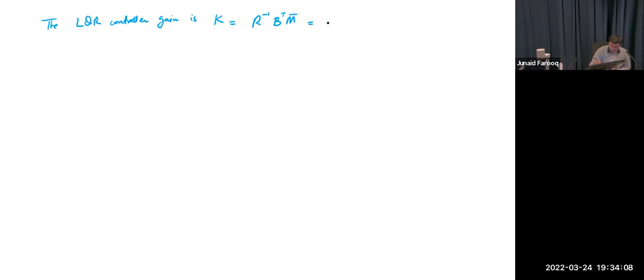R is k squared, so that'll be 1 over k squared, and we have [1, 0], and M can be generic, [M1, M2; M2, M3]. So we're looking at something of the form 1 over k squared, [M1, M2].